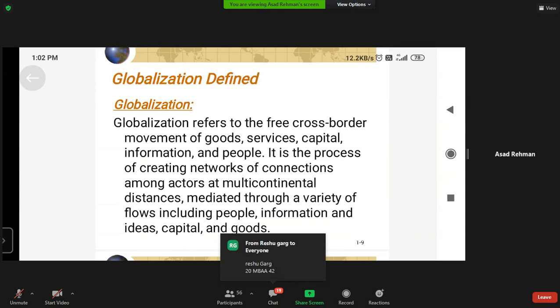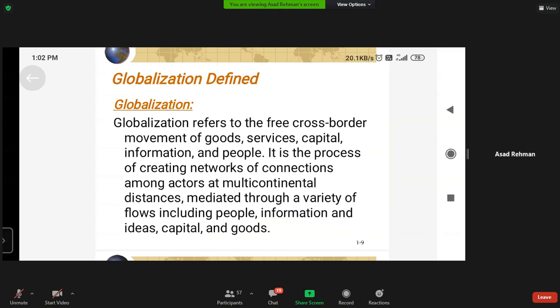Basically, globalization is a process where the political borders which exist between different countries become less rigid, and they become conducive.